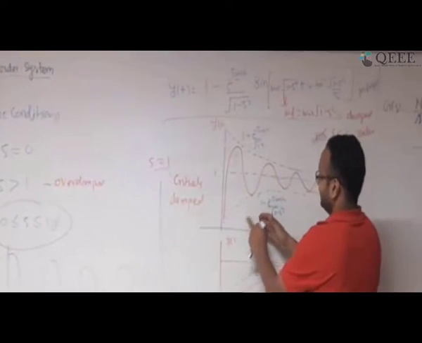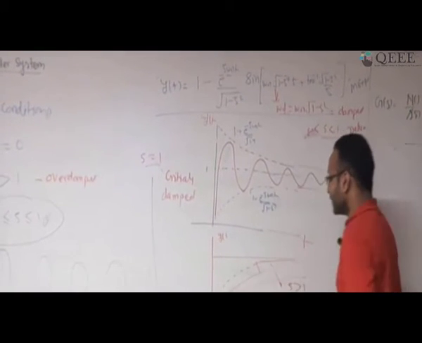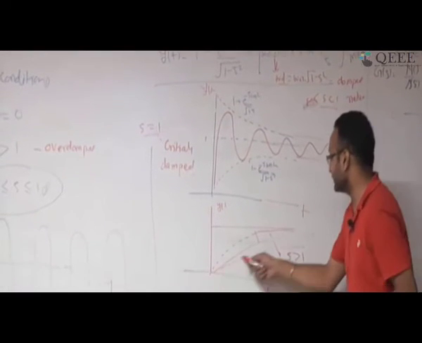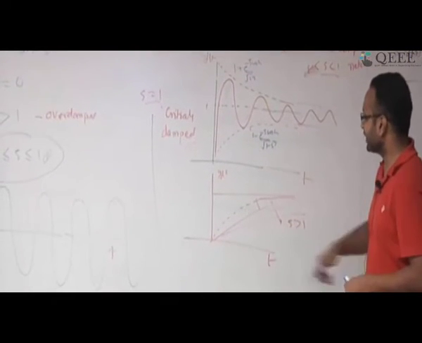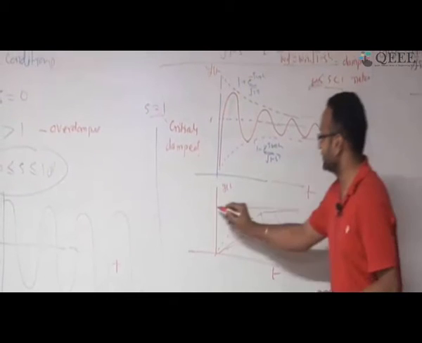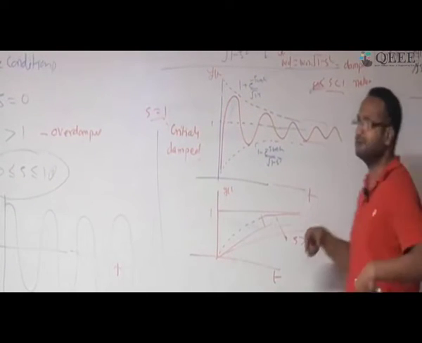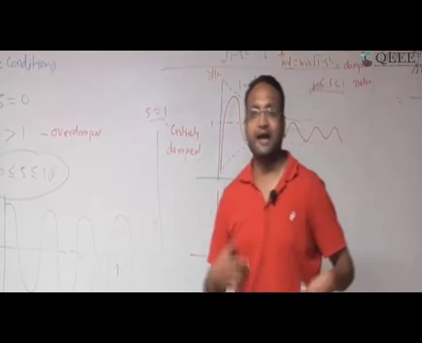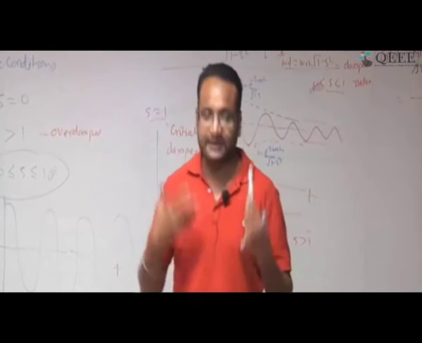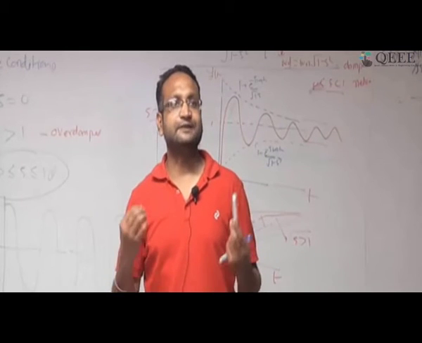And this is an overdamped scenario. This is also not required, because if you keep on increasing it, this response will take a lot of time to reach the steady state value 1. Correct. As I mentioned, it will take a lot of time, and this will make your system slow or, say, sluggish. So that is also not a desirable situation.